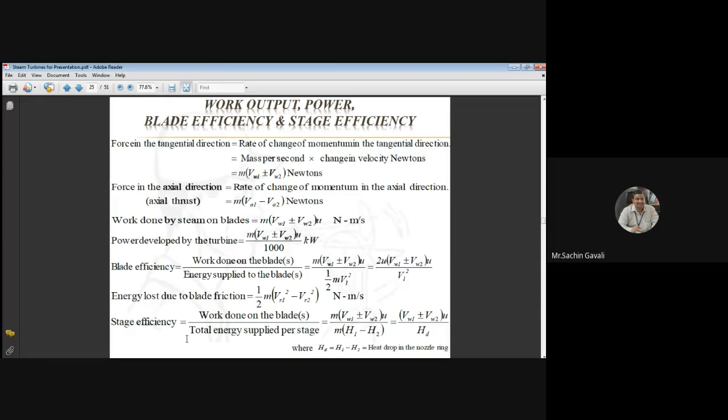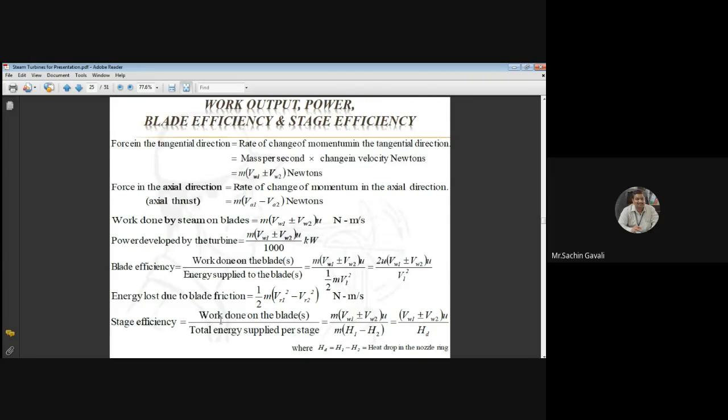Then stage efficiency. We know that if the enthalpy of the steam is decreasing, definitely we are getting the work. The turbine consists of several stages. So stage efficiency is considered with the total enthalpy drop. The total stage efficiency is calculated as work done on the blade divided by total energy supplied per stage.